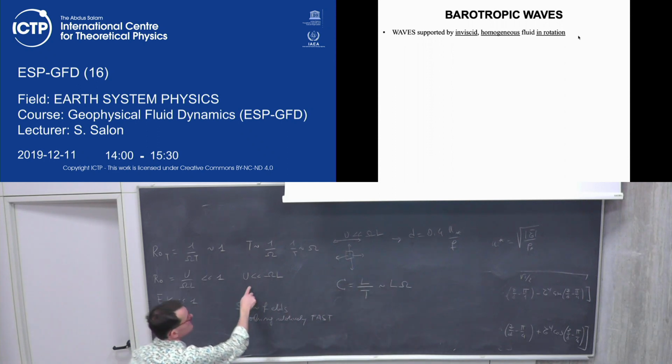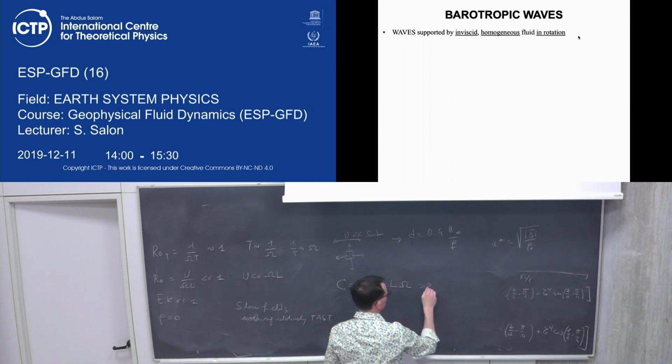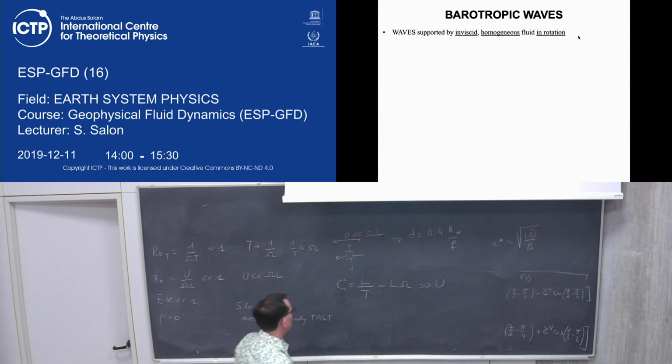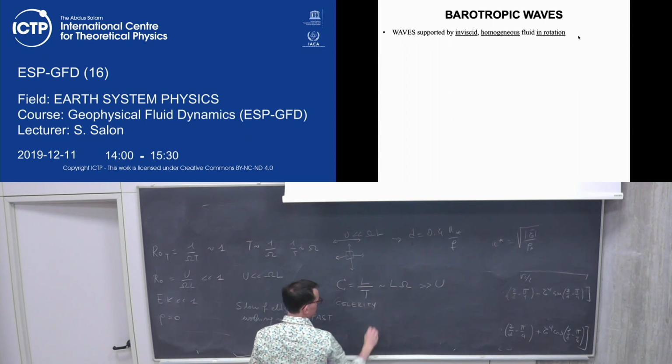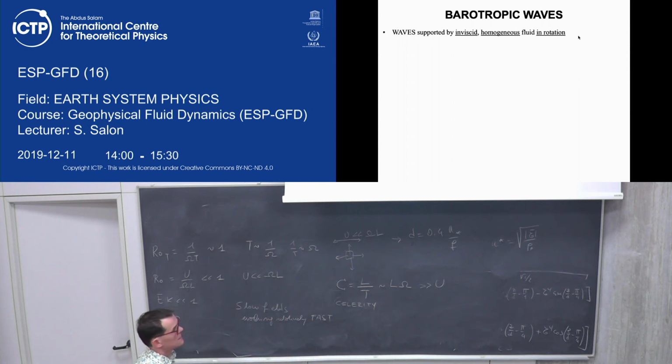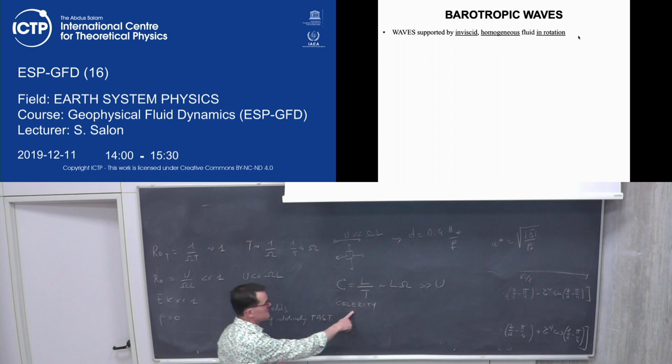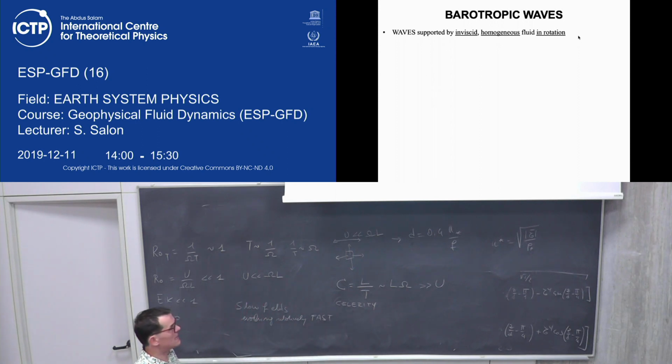But L omega is much larger than u. This scale of velocity we call celerity. Celerity, not celebrity. It comes from the Latin and is the velocity of the signal.